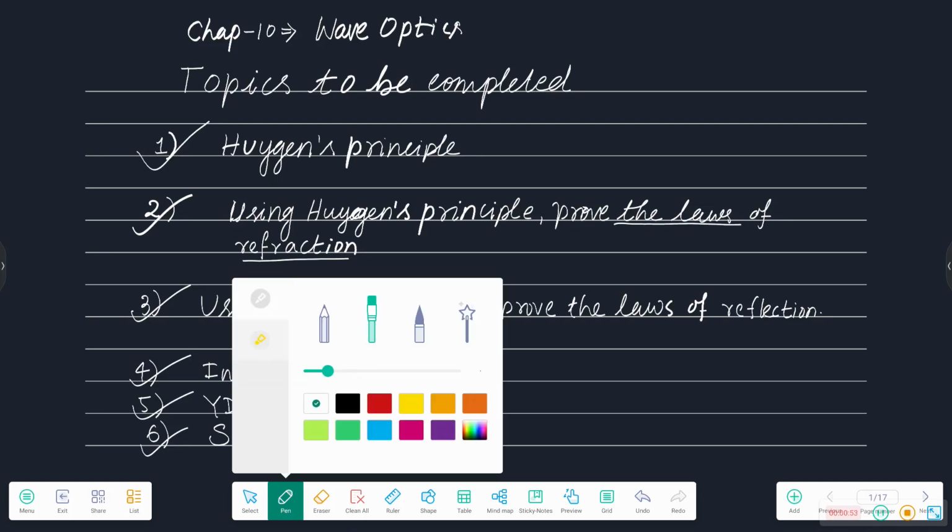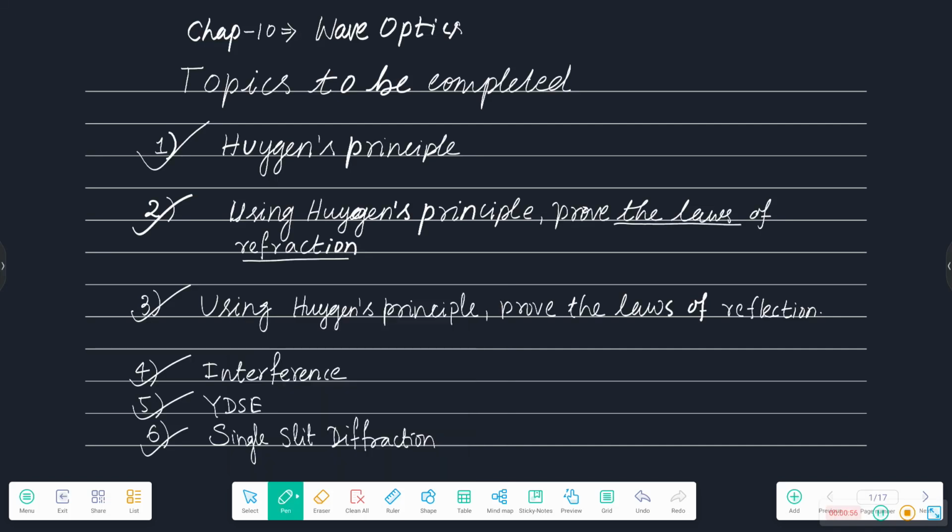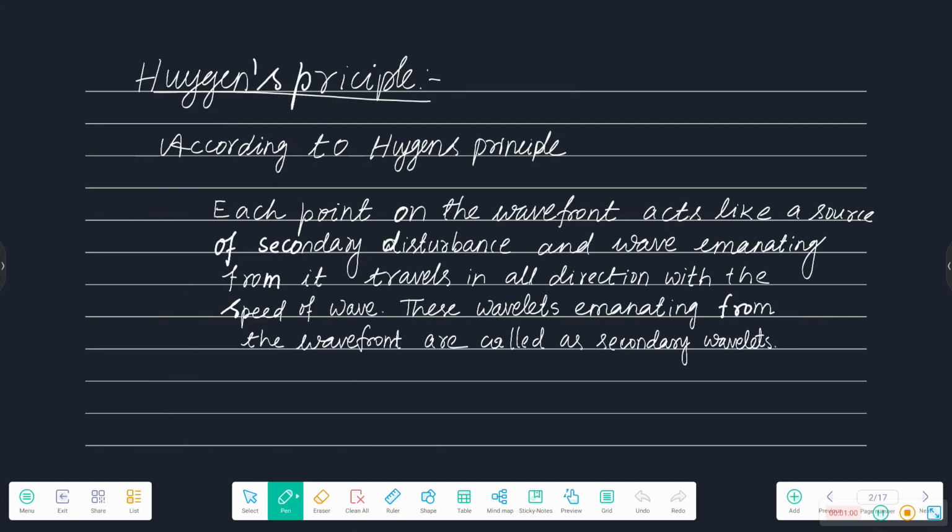I have discussed it already. What Huygens principle basically says is that light travels in all directions in the form of waves. That is the main point. According to Huygens principle, each point on the wavefront acts like a source of secondary disturbance, and the wave emanating from it travels in all directions with the speed of the wave.